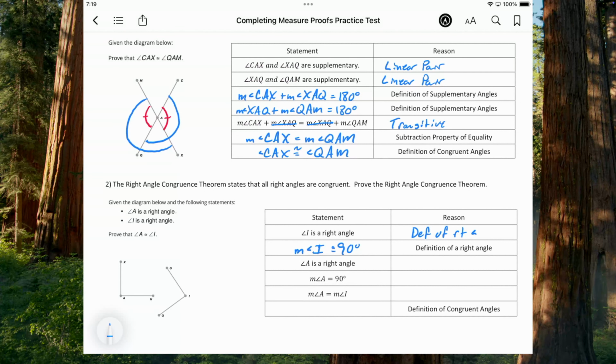So angle I is a right angle, so its measure is 90 degrees. And the definition of right angle there, that was actually given, so my bad. These can be tricky. Angle A is a right angle, that is given. Angle A is 90 degrees because of the definition of right angle.